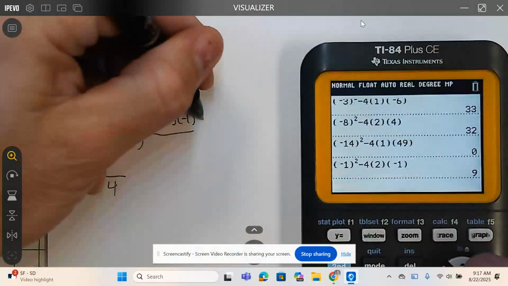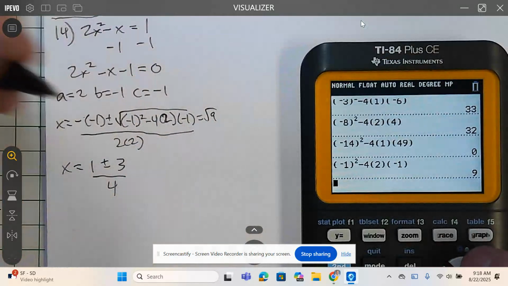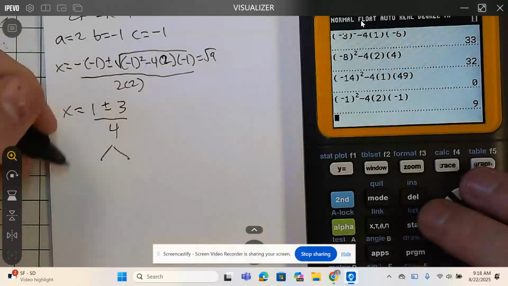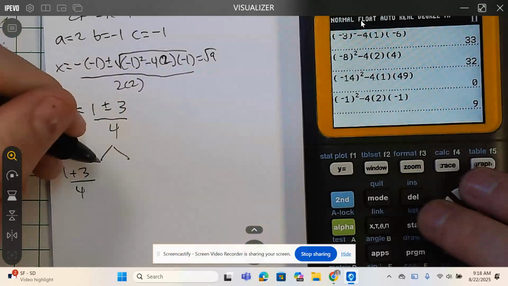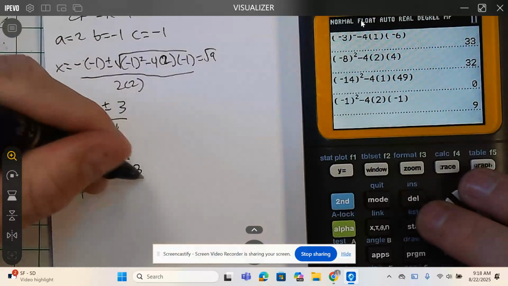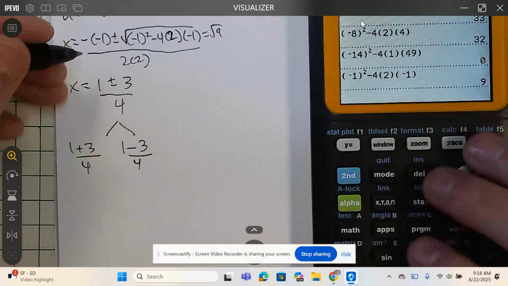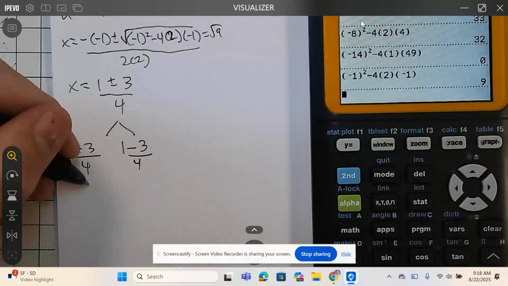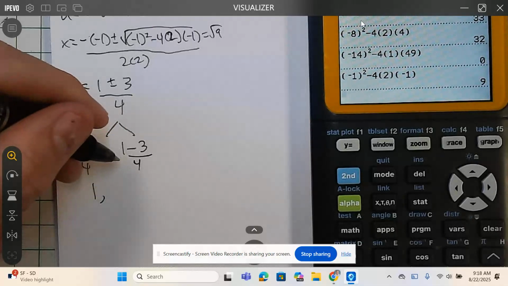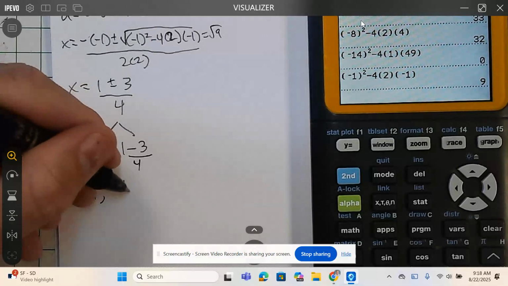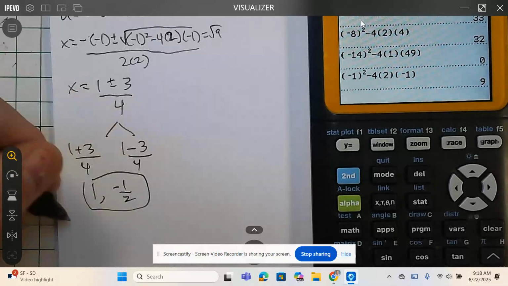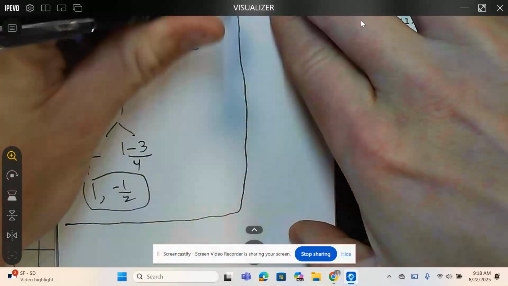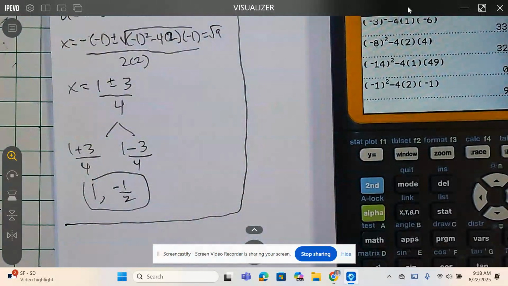Square root of 9, which is 3. So 1 plus 3 divided by 4, 1 minus 3 divided by 4. 1 plus 3 is 4, so 4 divided by 4 is 1. 1 minus 3 is -2. -2 divided by 4 is -1/2. So 1 and -1/2.